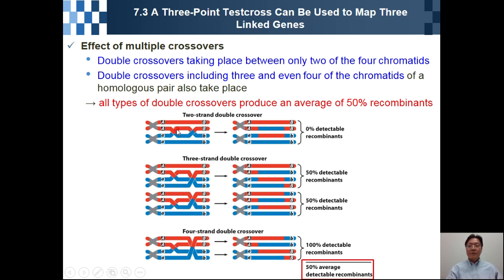Even after the double crossover happens, the genotype will be large A, large B, large A, large B, small a, small b, small a, small b. So in these cases, we cannot detect the recombinant.